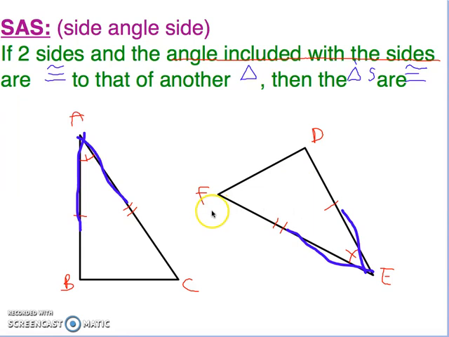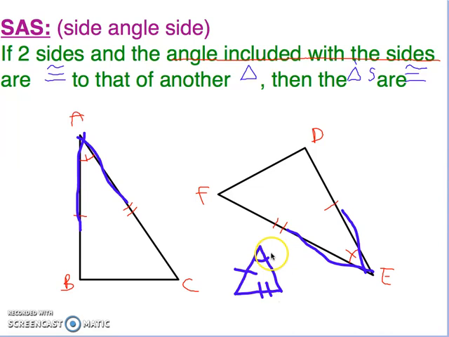So one thing you don't want to get confused on is when you have a triangle, you may have 2 sides marked, but then you have this one marked. This would not be side, angle, side. Let me show you an example. So in this example, we have 2 sides marked, but we do not have the angle marked that would be in between those 2 sides.